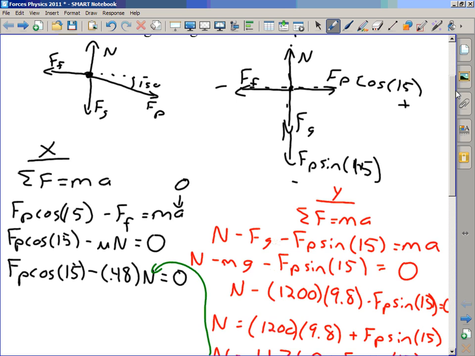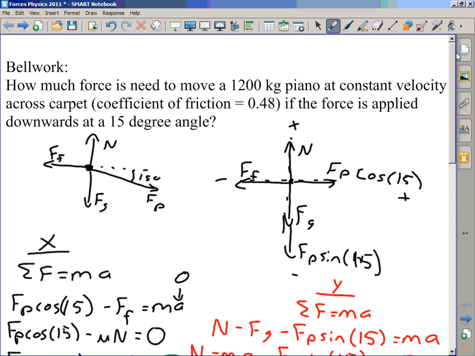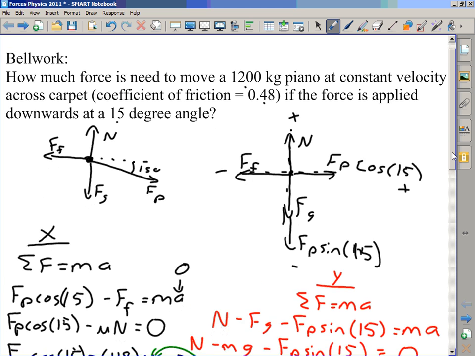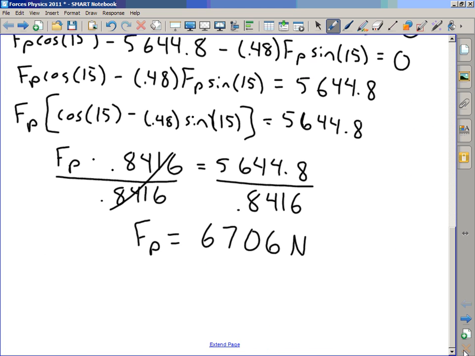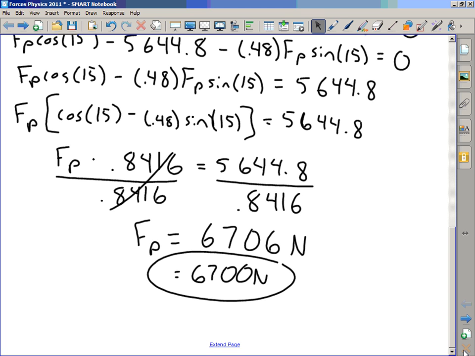Scrolling all the way back up. 2 here, 2 here, 2 there. I get 2 sig figs. So this becomes what? 6,700 newtons. Yeah, it's kind of long.